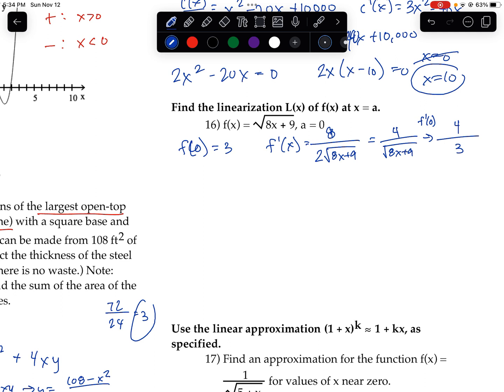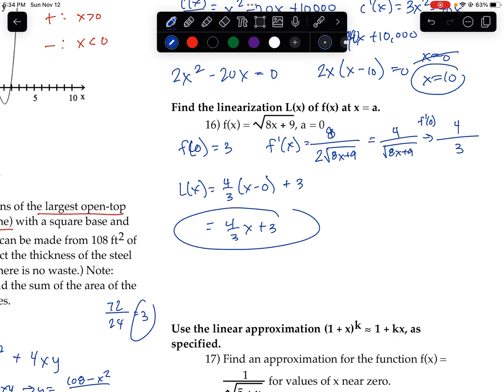So I think I have everything, so my L of x will be equal to slope times x minus 0 plus the y-intercept 3, so it's just going to be equal to 4 over 3x plus 3. So there's our linearization.